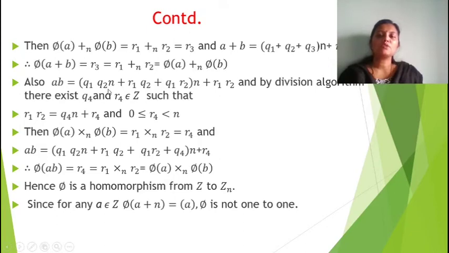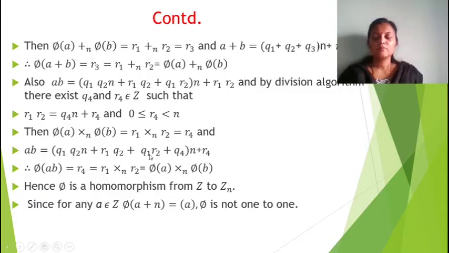Also ab is equal to q1q2n plus (r1q2 plus q1r2) into n plus r1r2. And by the division algorithm there exist q4 and r4 such that r1r2 is equal to q4n plus r4 and 0 less than or equal to r4 less than n. Then phi of a multiplication modulo n phi of b is equal to r1 multiplication modulo n r2, which is equal to r4, and ab is equal to (q1q2n plus r1q2 plus q1r2 plus q4) into n plus r4.